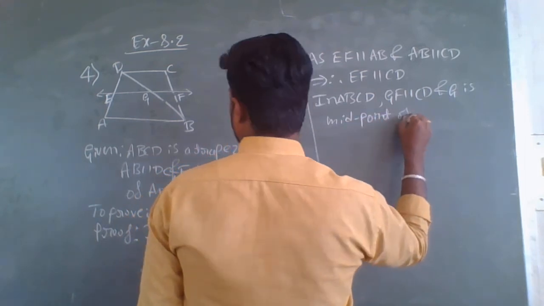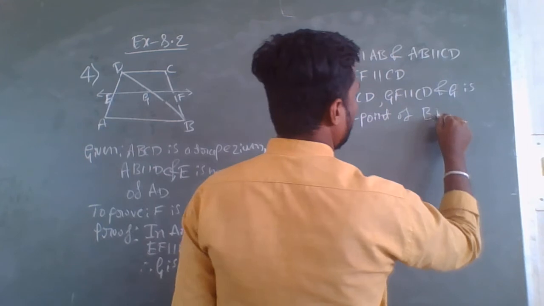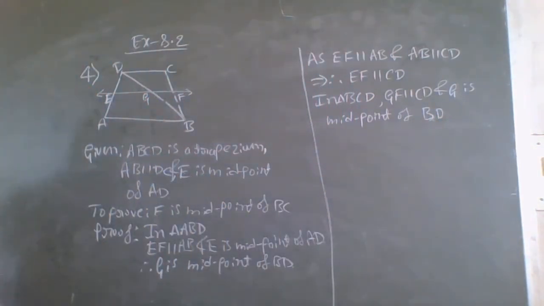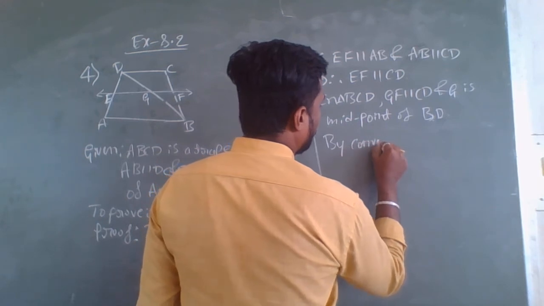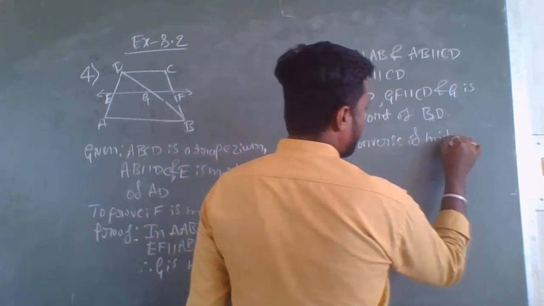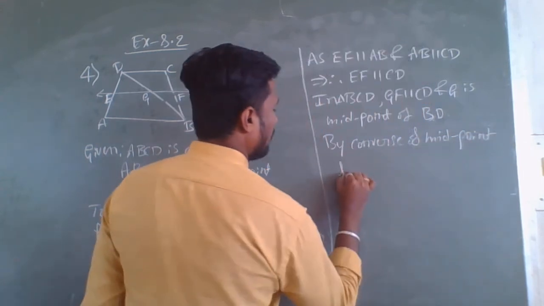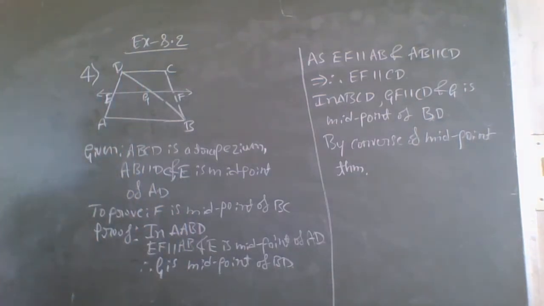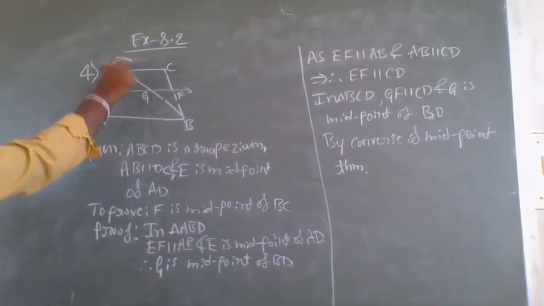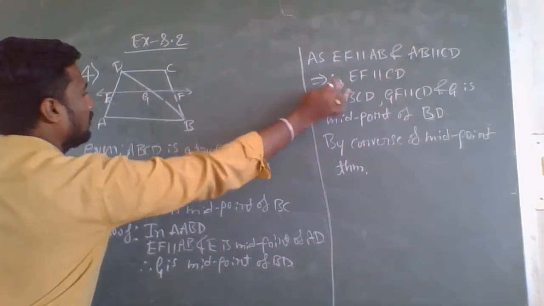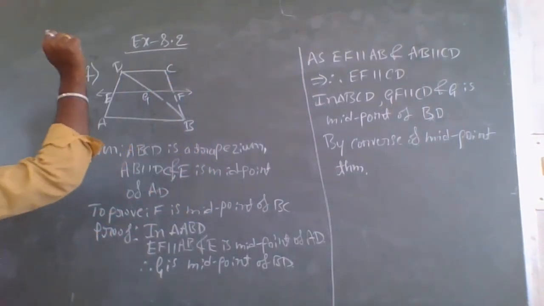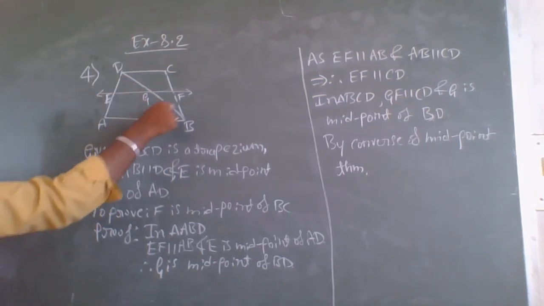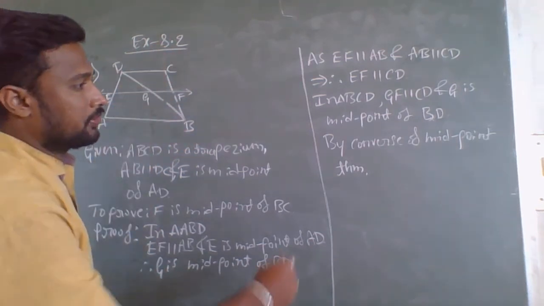GF is parallel to CD, and G is the midpoint of BD. Now again by the converse of the midpoint theorem, what we get to know is that F is the midpoint of BC. Why? In triangle BCD, GF is parallel to CD. Why is GF parallel to CD? Here we proved EF is parallel to CD, and GF is part of EF only. Therefore GF is parallel to CD, and G is the midpoint of BD, which means F should be the midpoint of BC by the converse of the midpoint theorem.